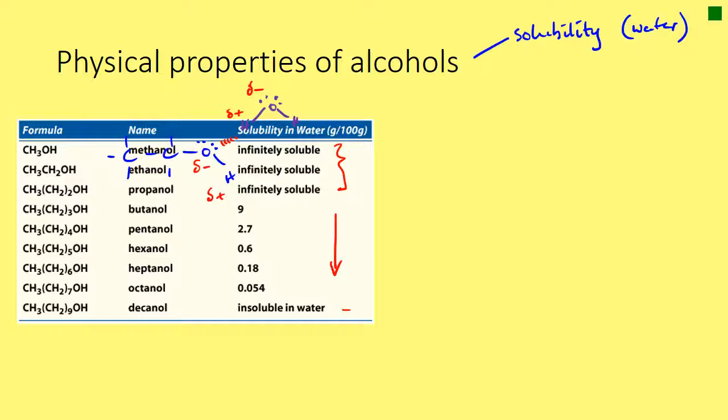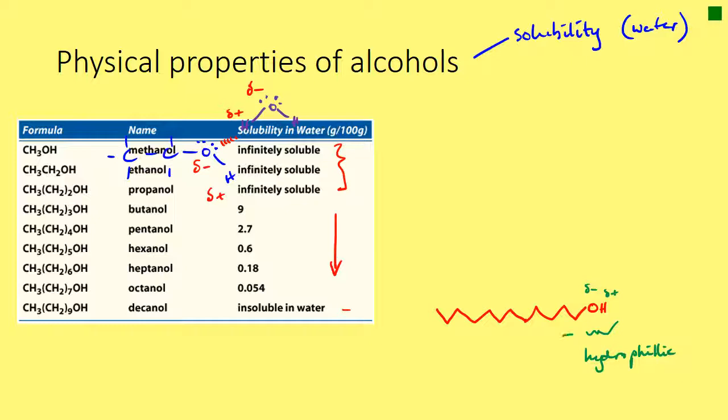Let's draw a long alcohol. To save me drawing all the carbons and hydrogens, let me just do the structure like that, and then we've got a hydroxyl group at the end there. Let's change it up a bit with colour. This is going to be our delta minus, that's going to be our delta positive. So we can describe this part of the molecule as our hydrophilic part.